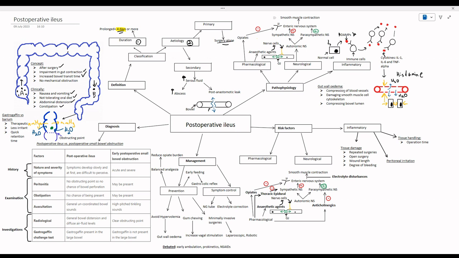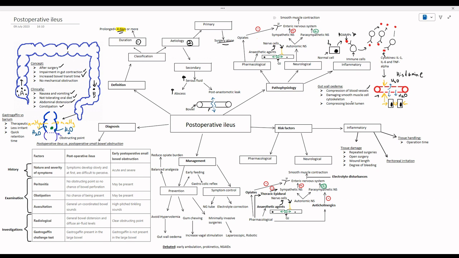Now, having lots of gut wall edema, lots of fluid in the gut wall, can physically generate pressure, which can cause compression of blood vessels. And compression of blood vessels means those smooth muscle cells that are contracting don't have the nutrients to contract, and therefore you get an impairment in gut contraction and therefore development of ileus. Not only that, that physical pressure can also start to damage the smooth muscle cell cytoskeleton.